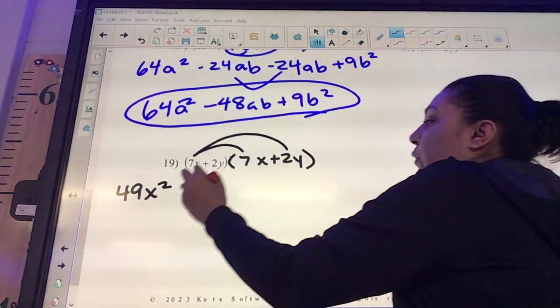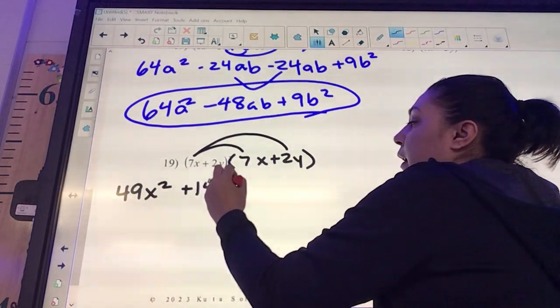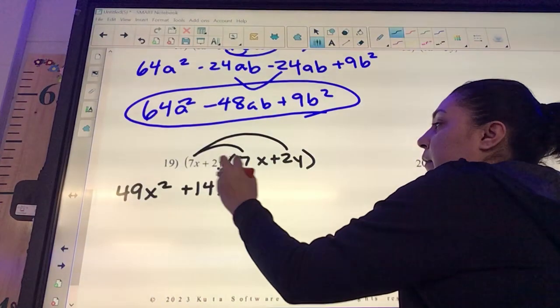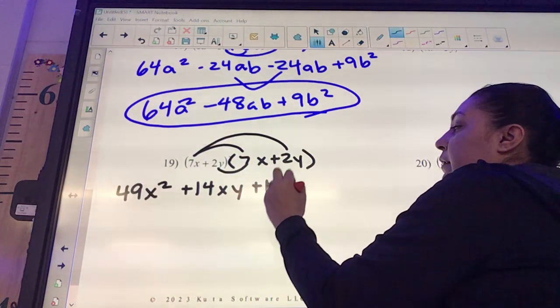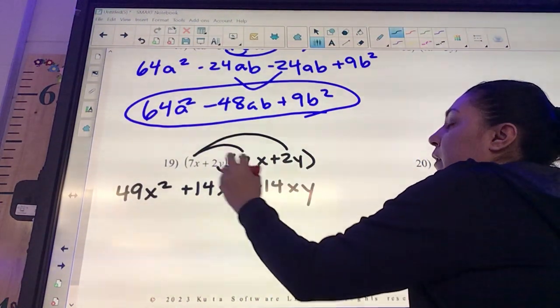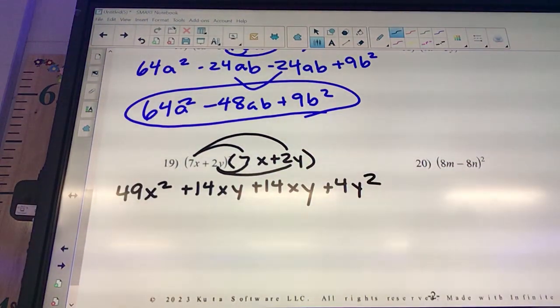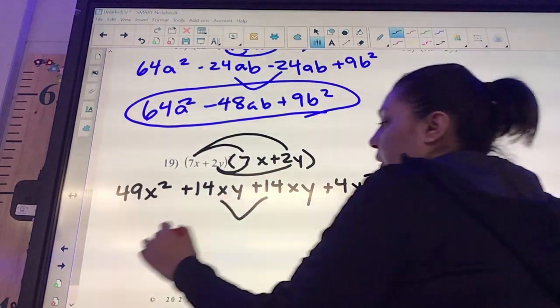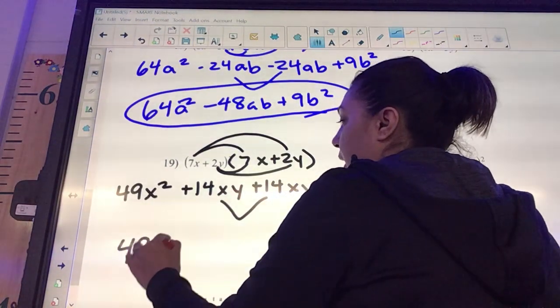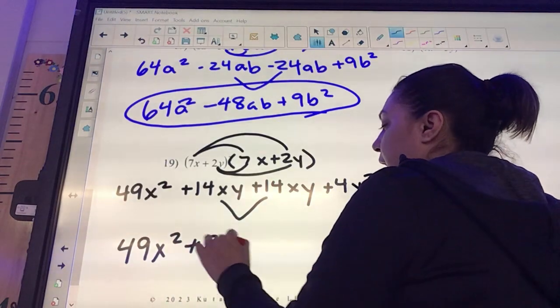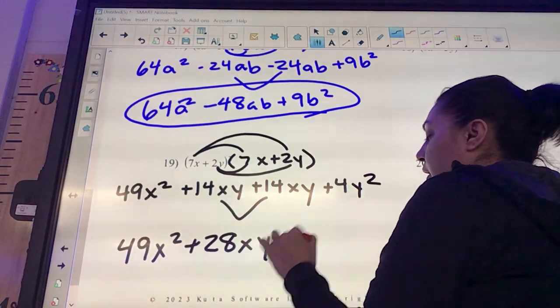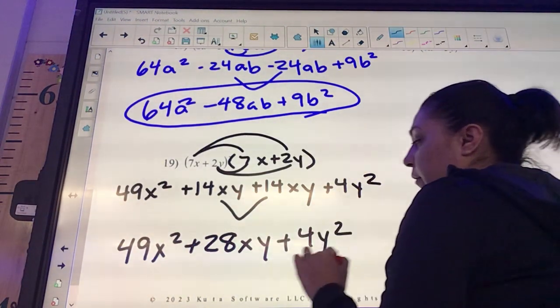And I'm going to get 14xy, 14xy, and 4y squared. Okay, and then I can combine those two middle ones. I'm going to get 49x squared plus 28xy plus 4y squared.